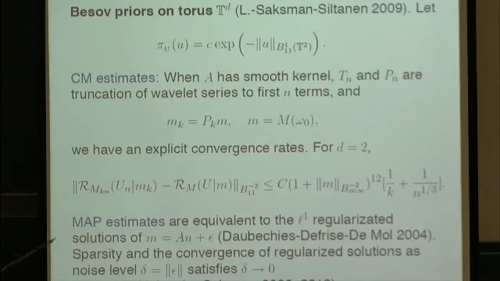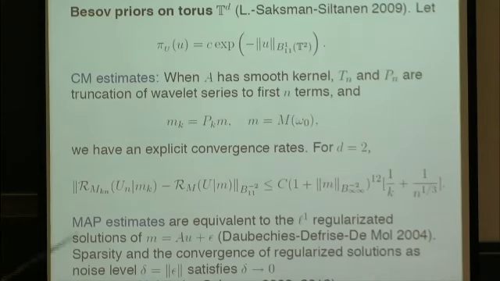So these MAP estimates are equivalent to this type of L1 regularized solutions studied by Daubechies, Defrise and De Mol. I also note that there is very sophisticated error analysis in terms of regularization theory, where the noise level is assumed to be known and goes to 0, which is the typical setting in regularization theory. Grasmair, Haltmeier and Scherzer have studied the convergence properties of this type of MAP estimates, or actually the regularized solutions.